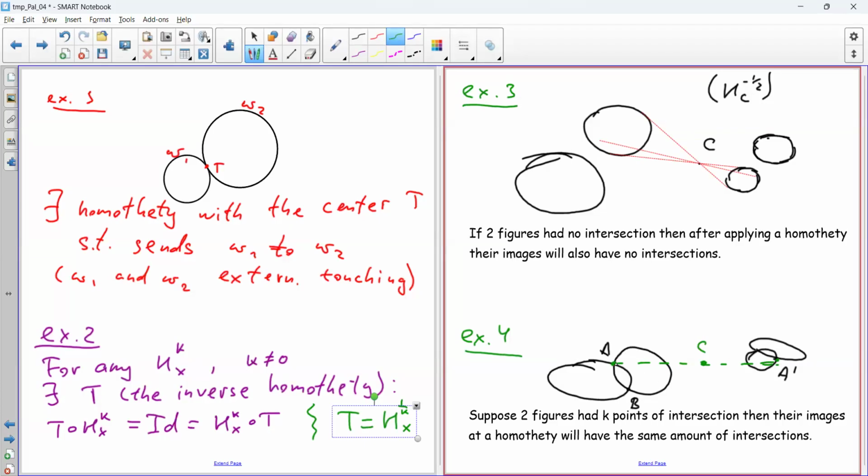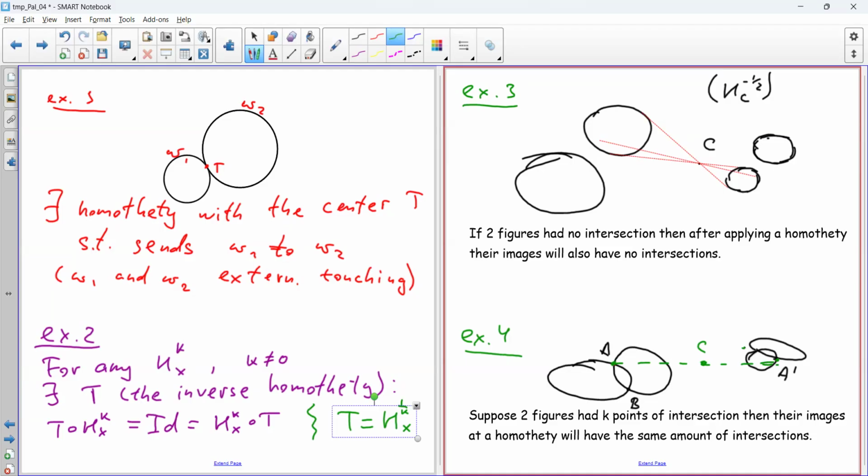So any intersection point will go to an intersection point. But suppose that there are some extra points of intersection. Then we will make use of this exercise too. We can take the inverse homothety, which brings every one of the images to their pre-images, so which reverses the transformation. Then any extra point of intersection must go to an intersection point of the pre-images.